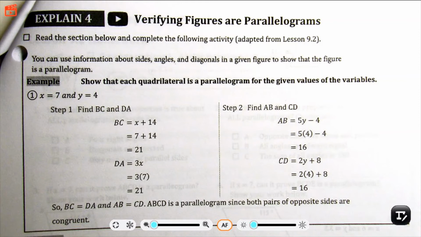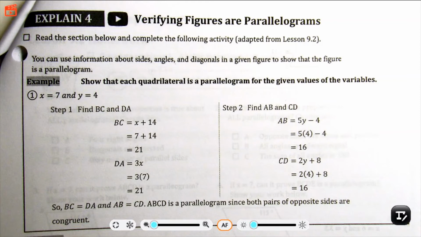Okay, so we are on the top of page 24. In these problems, what we're doing is we're evaluating the letters that they give us into the expression. So the first thing that we are doing is, let's look at the sides. We have QP and RS.